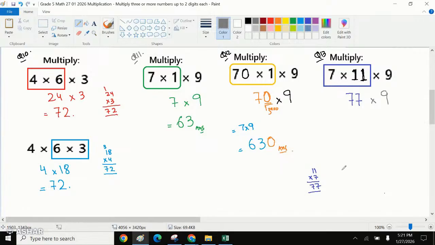When we multiply 77 by 9, 9 times 7 is 63. We take the 6 to the tens. 9 times 7 is 63 plus 6 is 69. We can say 693 would be our final answer.